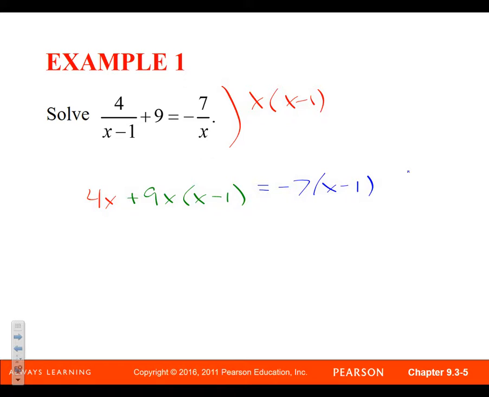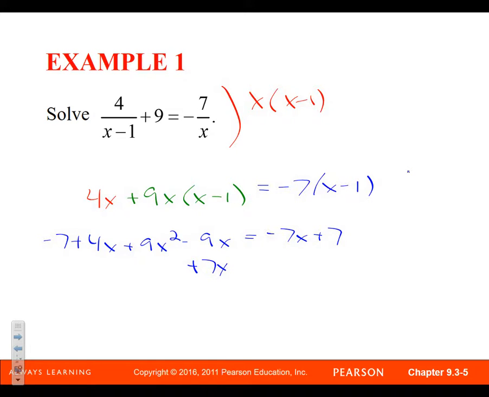At this point, you want to just clean it up, get everything on the left side. So I'm going to start by expanding everything first. So 4x plus 9x squared minus 9x is equal to negative 7x plus 7. I want to make sure those two are on this side. So I'm going to add 7x and subtract 7 out here somewhere, I guess.